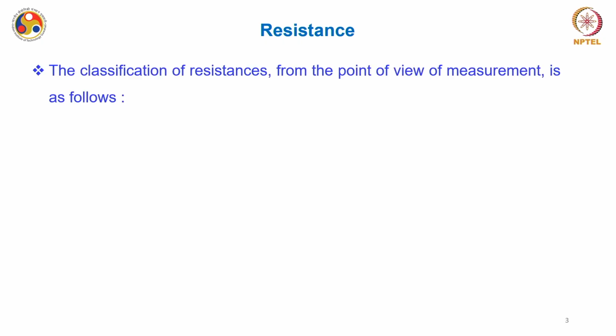But before we actually go into the measurement of resistance, we have to first classify these resistances. We cannot say that the resistance of copper and the resistance of a dielectric material can both be measured by the same technique. For low resistance measurement we need a technique which measures the low resistance to a very accurate value.